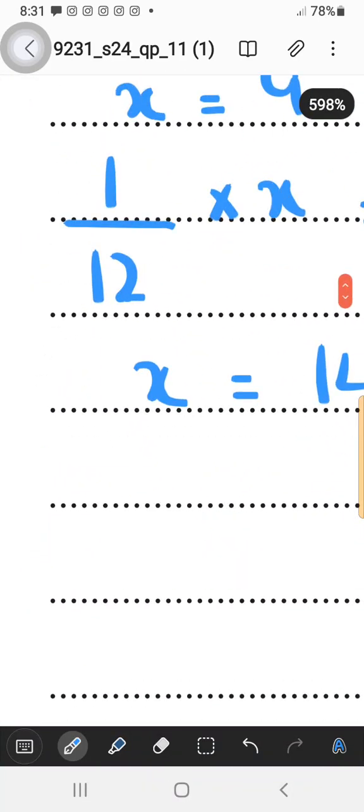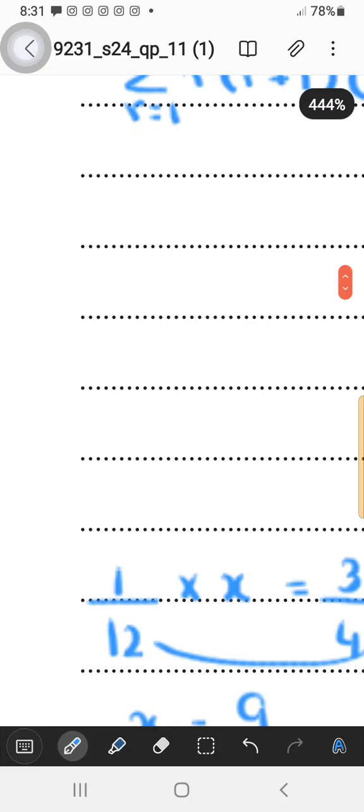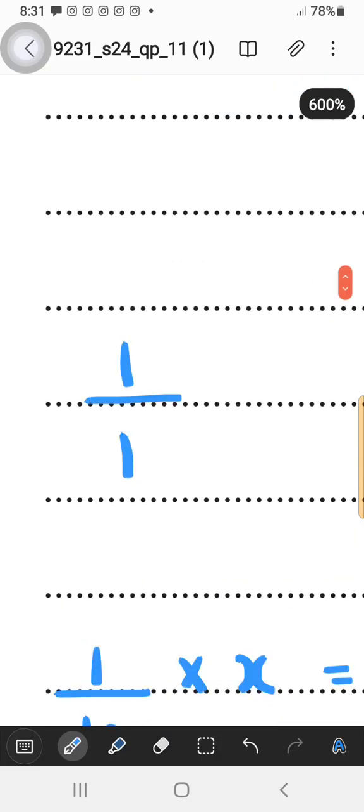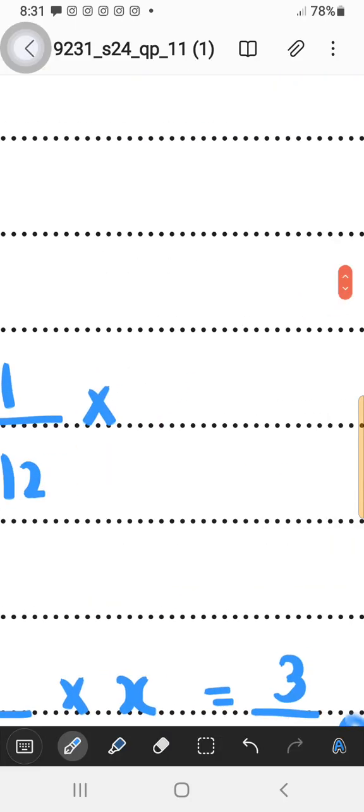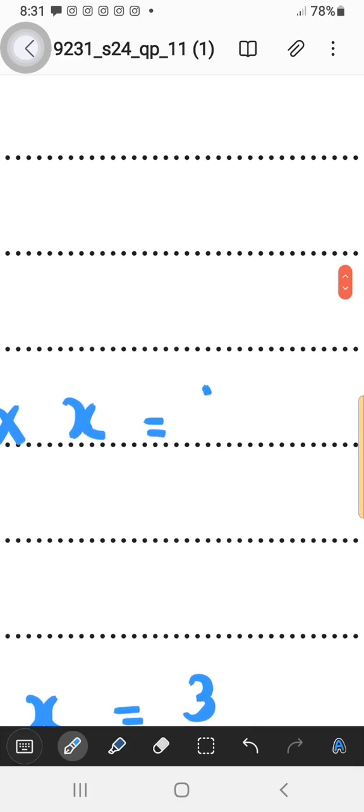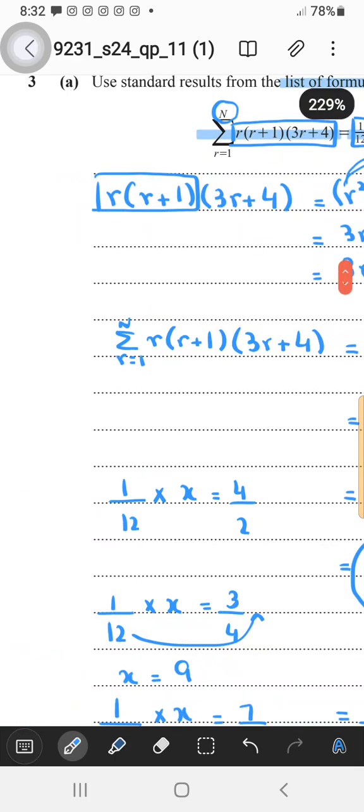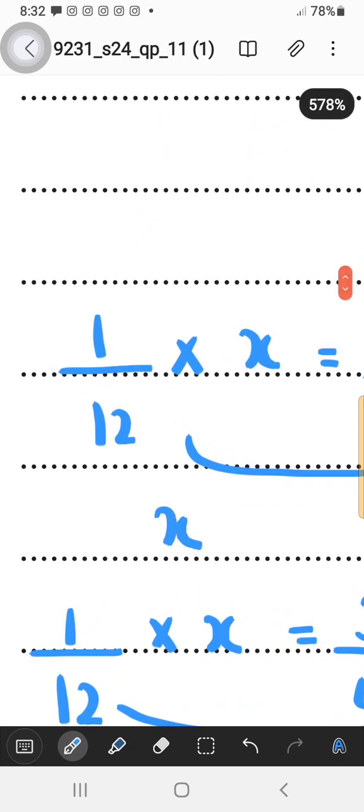And the same question is here, that 1 upon 12 will be multiplied with x to get 4 upon 2. 4 upon 2 is basically 2. Then we will take 12 to the right side and it will get multiplied. So the x will become 24.